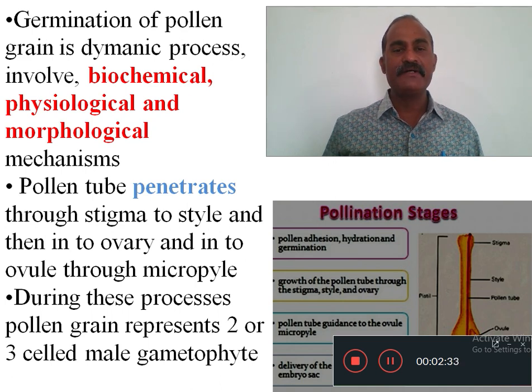The pollen tube which is produced after germination penetrates through the stigma to style and then into the ovary and finally into the ovule through the small opening at the tip that is called the micropyle. Now during this process, pollen grain represents the 2 or 3-celled male gametophyte, the mature male gametophyte.